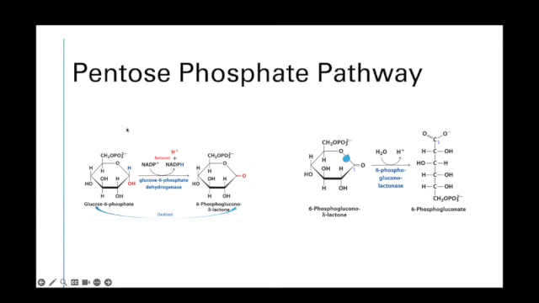and we have 6-phosphogluconolactone. Then we need to open the ring and produce 6-phosphogluconate with the addition of a water molecule. So we hydrate our molecule.